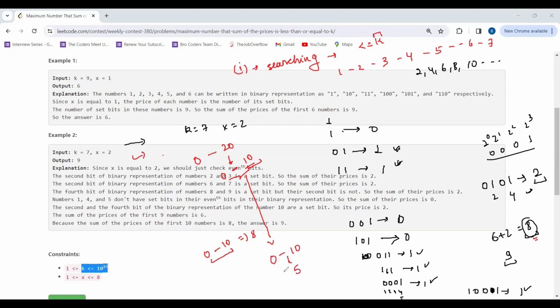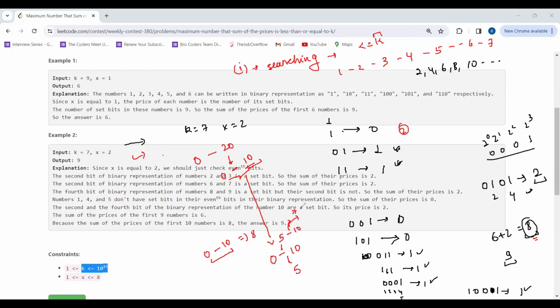Where will we search? We'll search for 5. Up to 5, how many set bits were we getting? We were getting only 2 set bits. So it is less than k. So we'll then search 5 to 10. Then we'll search for 7.